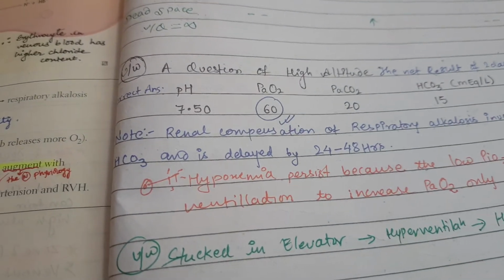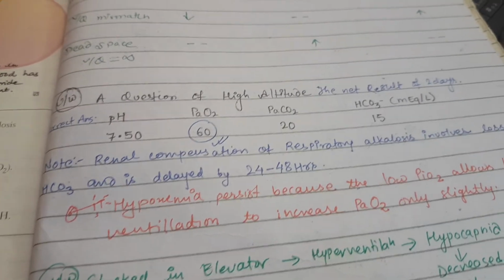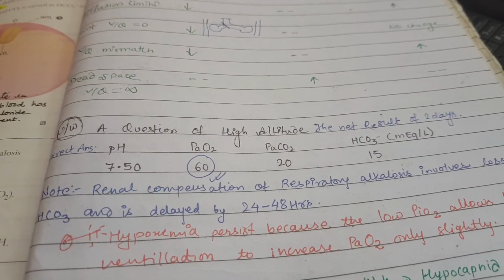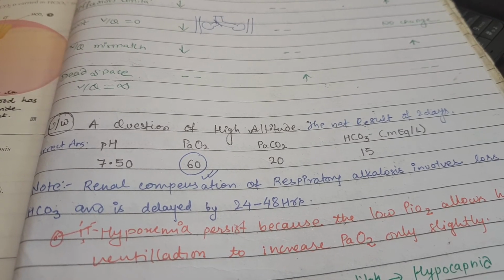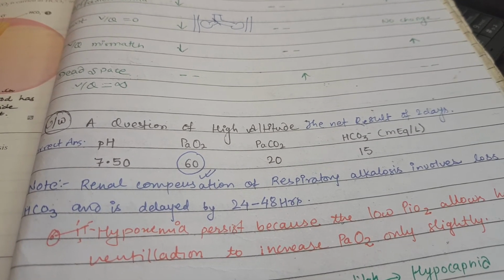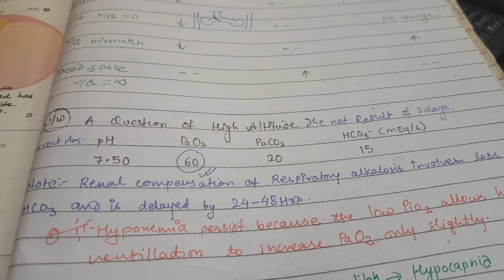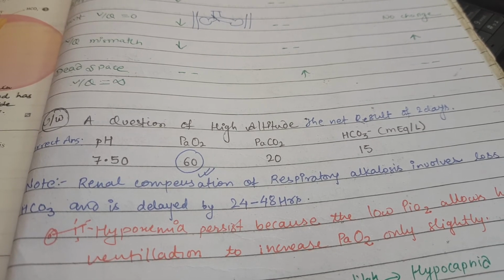This is basically a question on high altitude: what was the change? So remember, I told you in high altitude there is hyperventilation. So what will happen to the pH? It will be high, isn't it? And PaCO2 will be 20 and PaO2 will be 60. Okay, and obviously why is the PaCO2 changing?